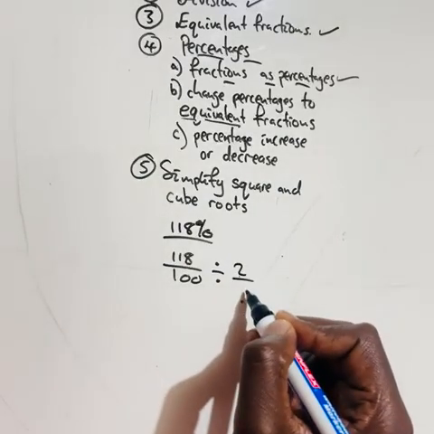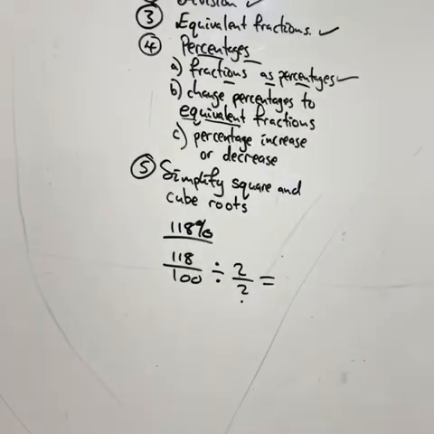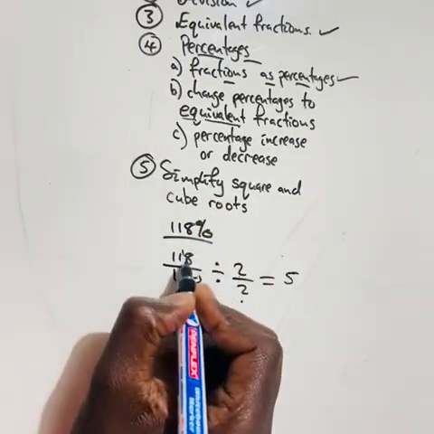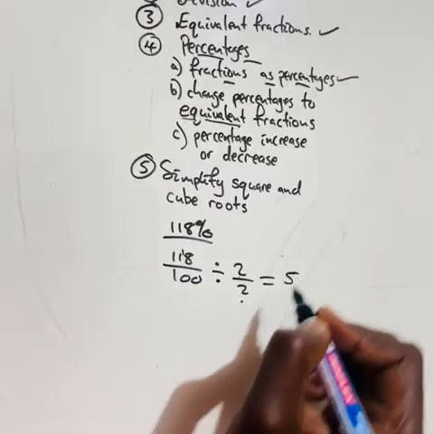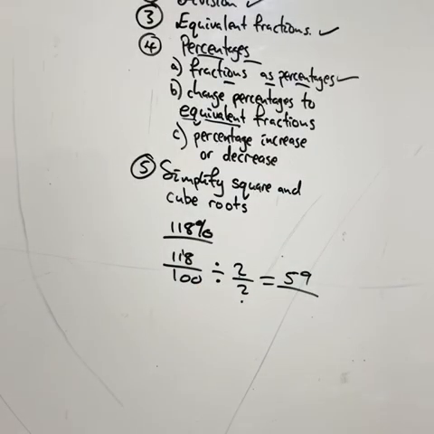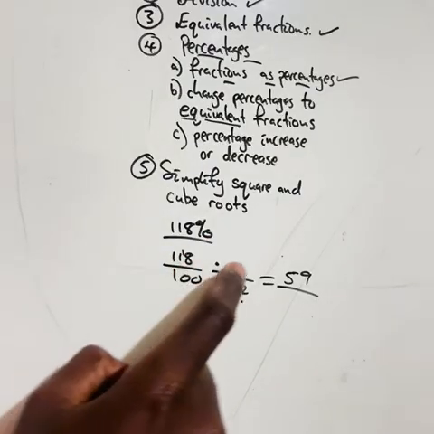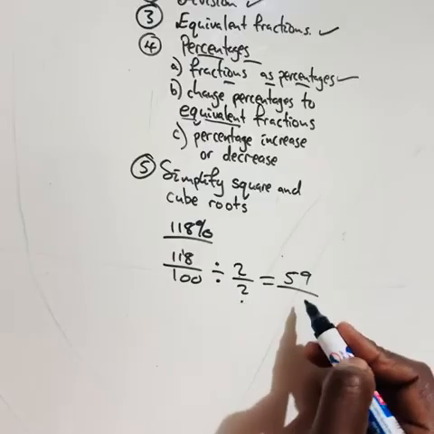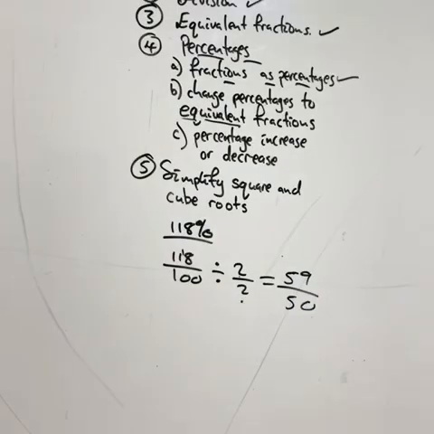I say 2 divided by 2. Now, 2 into 11, that's 5. Carry 1. 2 into 18, that's 9. If you're not good with numbers off the top of your head like me, you just go to the calculator and you say 118 divided by 2 to give you 59. And you say 100 divided by 2, which will give you 50.